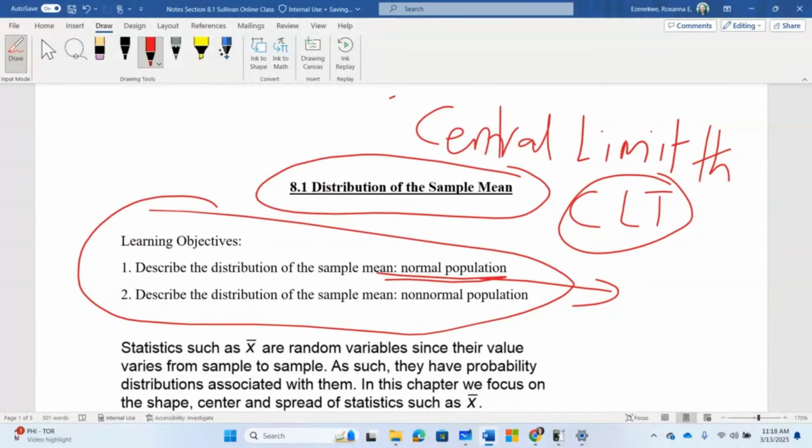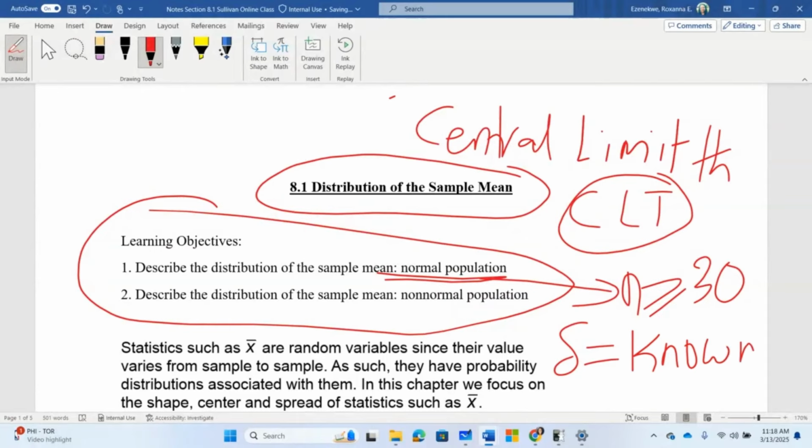When it's a normal population, it's assumed that the sample size is greater than or equal to 30 and the population standard deviation is known.